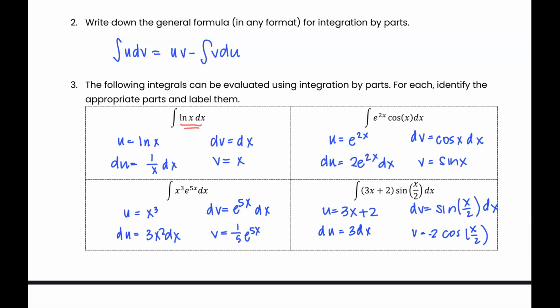But remember, both of the initialisms, LIATE and LIPET, have L as the very first for logarithms and I as the second for inverse trig, because both of those things, as you take derivatives, turn into something algebraic, which hopefully then we can either have lovely canceling happening, what happens with my ln, or potentially a u sub or something nice is a way to get out of it, like we might see with our inverse trig functions. So that's 2 and 3.